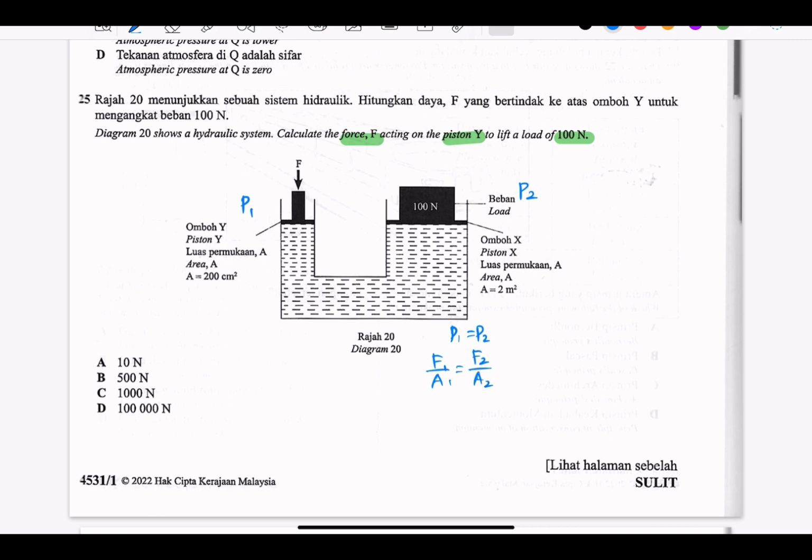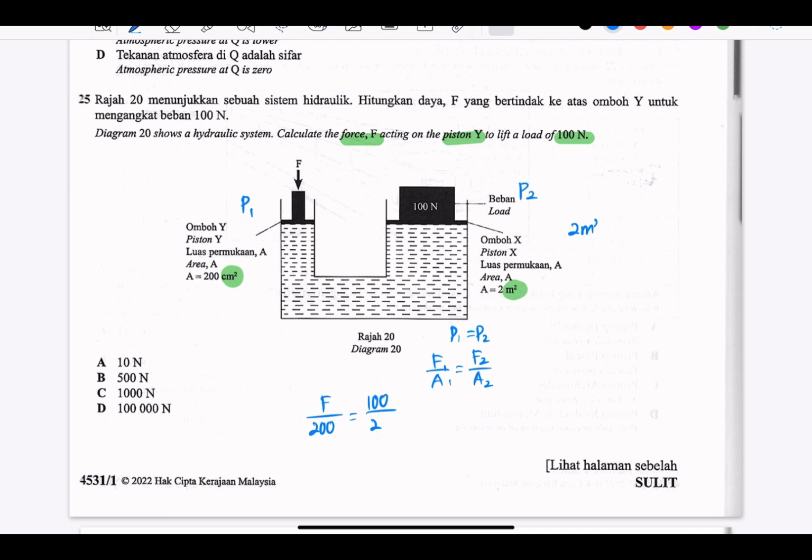Okay, we just substitute in all the values, the force and the area. Be careful of the unit of the area. So that's centimeter square and meter square. You have to change to become the same unit.